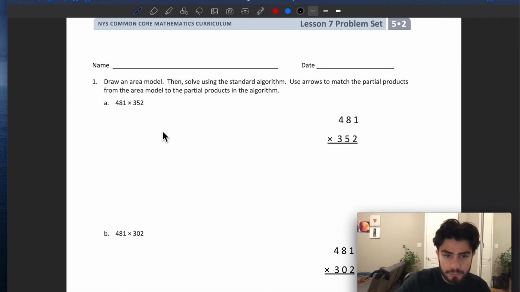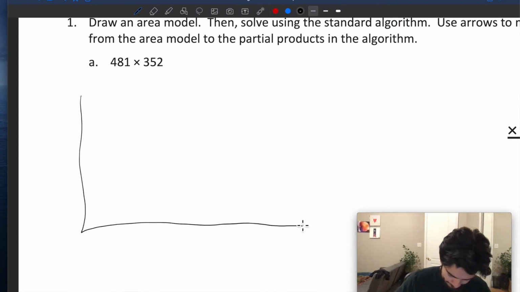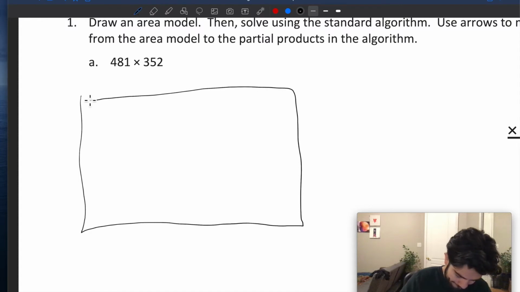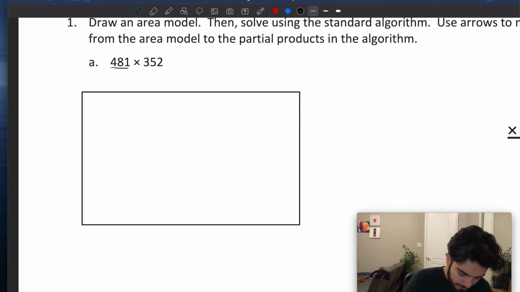I'm going to zoom in here. There we go. Nice. Then I'm going to take this number and I'm going to split it up like this.